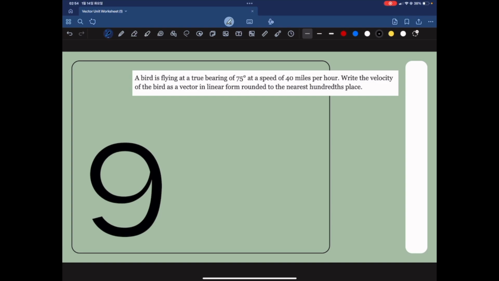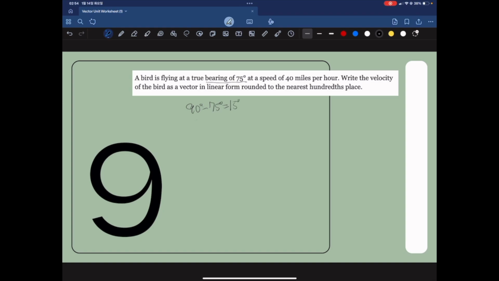Number 9, a bird is flying at a true bearing of 75 degrees at a speed of 40 miles per hour. Write the velocity of the bird as a vector in linear form rounded to the nearest hundredths place. Now, this problem may be very difficult for some people. First, because it's a true bearing of 75, we do 90 degrees minus 75 degrees, which is 15 degrees.